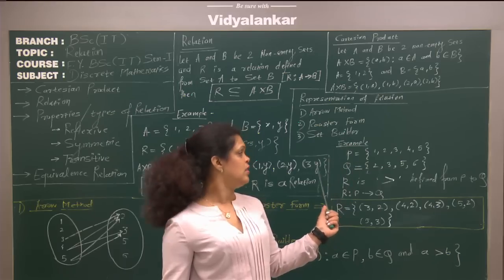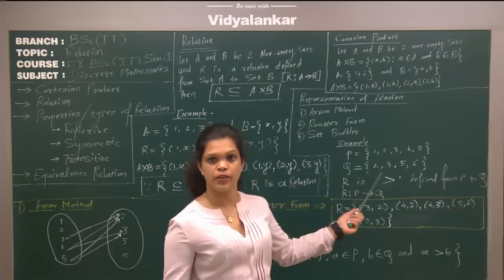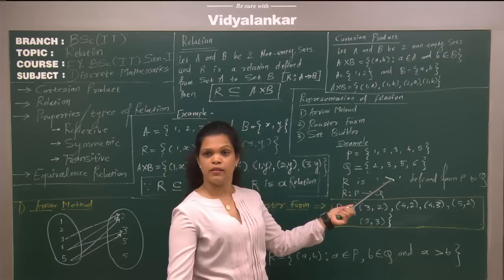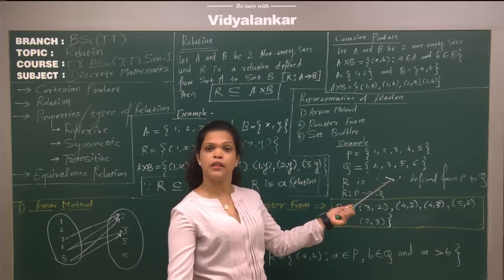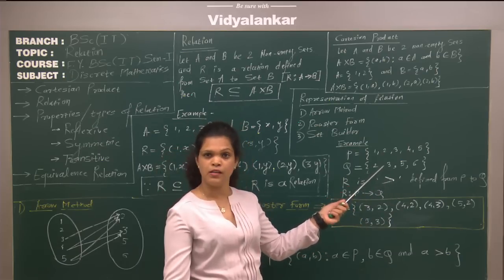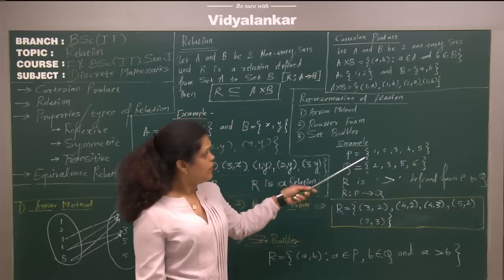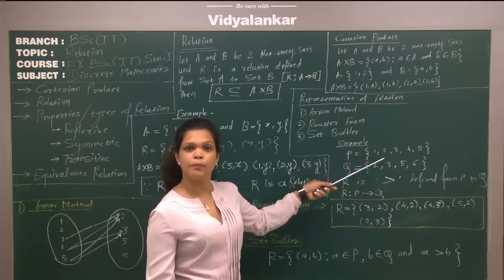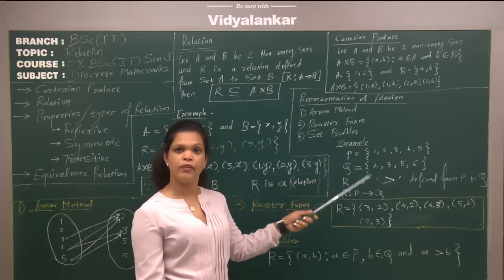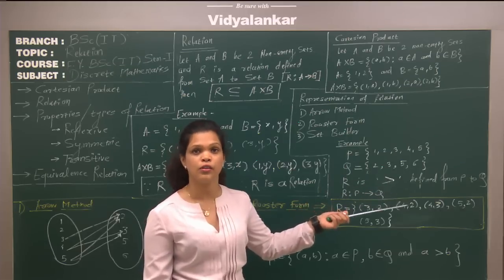The relation defined is greater than, defined from set P to set Q. So for this relationship set, the first element must be greater than the second element, but the first element will come from set P and the second element from set Q. We have to compare every element of P with every element of Q and check whether the element of P is greater than the element of Q or not.